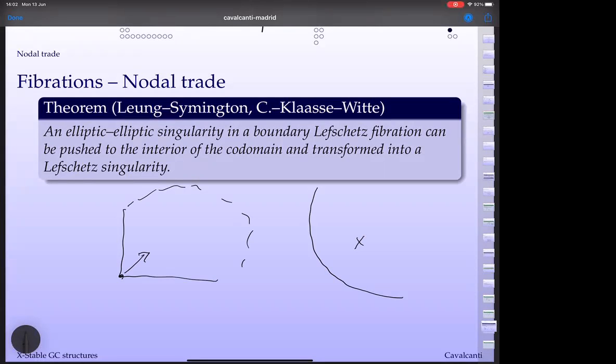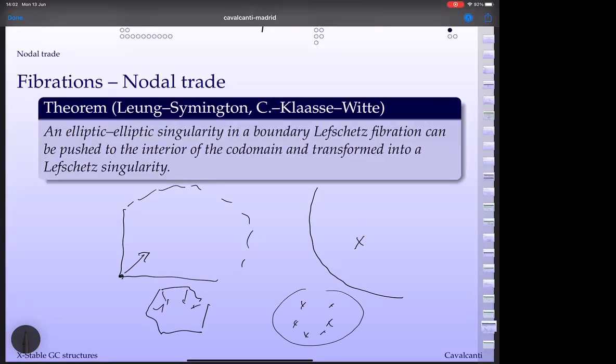That's what I was talking about before. If you have self-crossings, you can remove the self-crossing and smooth everything out. You can also do that in a fibration preserving manner. So if you have a fibration, you can get your elliptic divisor, pick all the corners of your fibration, push them all in, and get something with the disk and a bunch of Lefschetz singularities inside.